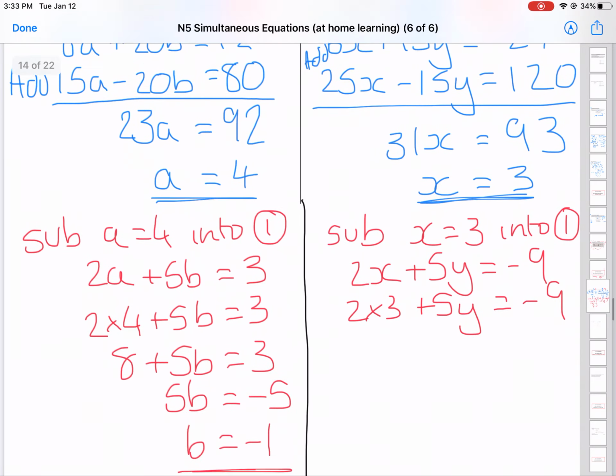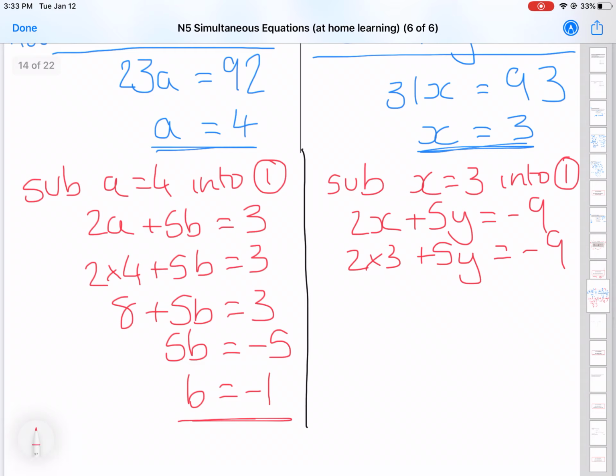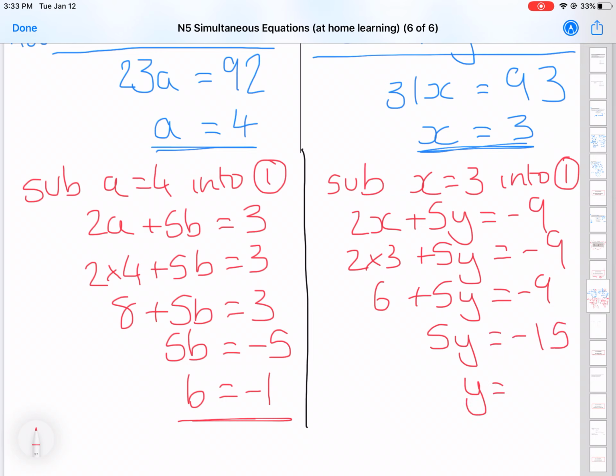Scroll down for the last couple of steps. 6 plus 5y equals negative 9. 5y, when we take away the 6, is negative 15, so y is negative 3. X is 3 and y is negative 3 for that last example there.